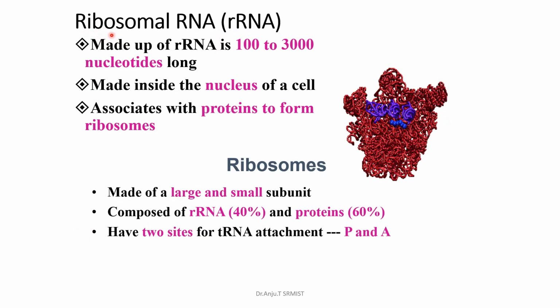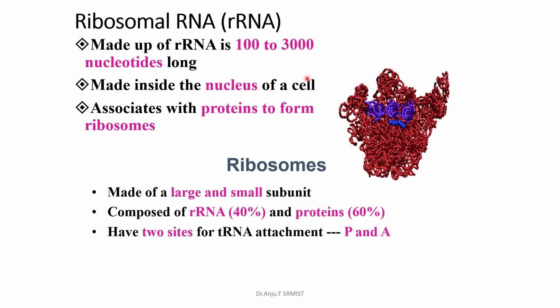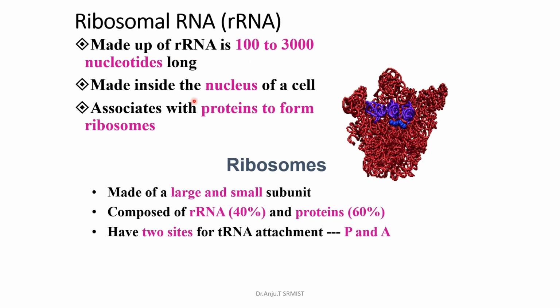The third type of RNA is the ribosomal RNA. They are a part of the ribosome, so that's why they're getting the name ribosomal RNA. And if you see the length of this ribosomal RNA, usually they are 100 to 3000 nucleotides long. These are made inside the nucleus and they get associated with proteins to form the ribosomes.